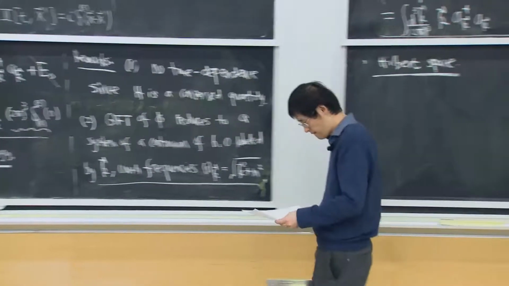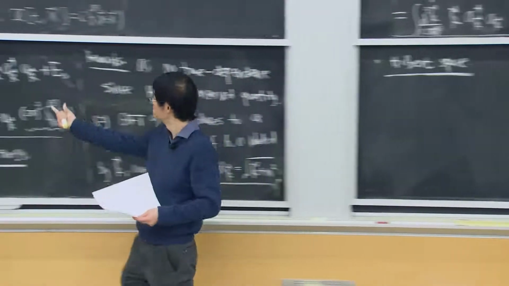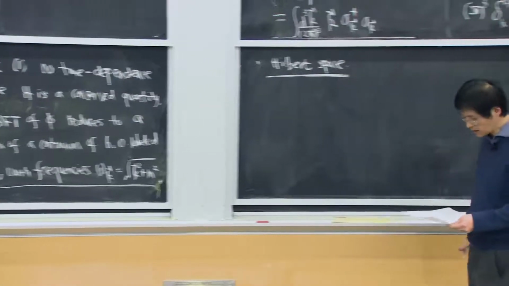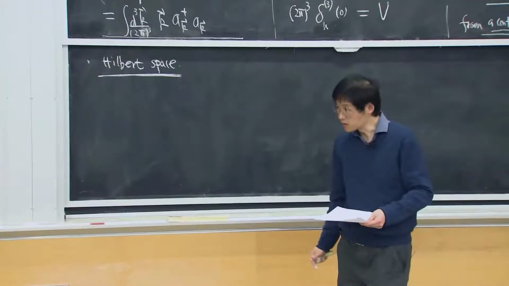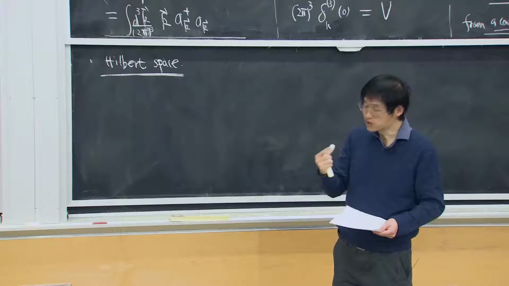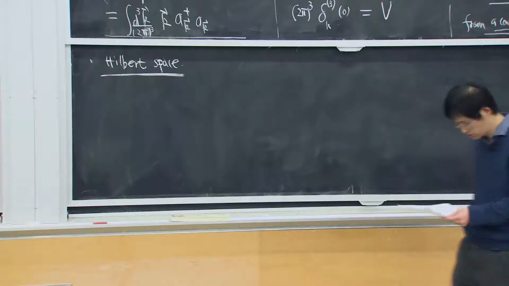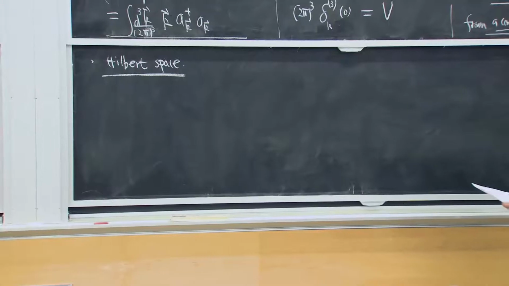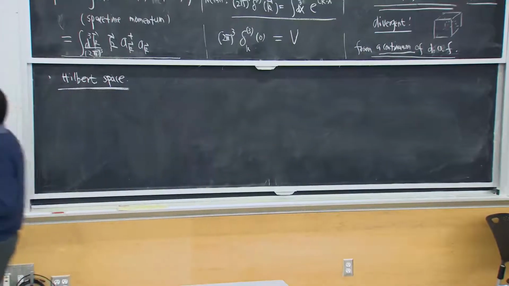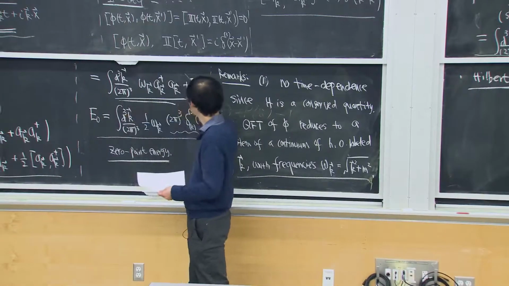So often I will just write the Hamiltonian with just this term. But later we will see examples. Actually, this E0 can have physical implications. But just for our current purpose, we ignore it. So now the lowest energy state is clear from here, because this is just a constant.